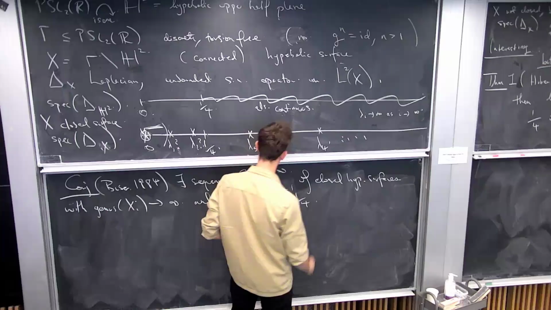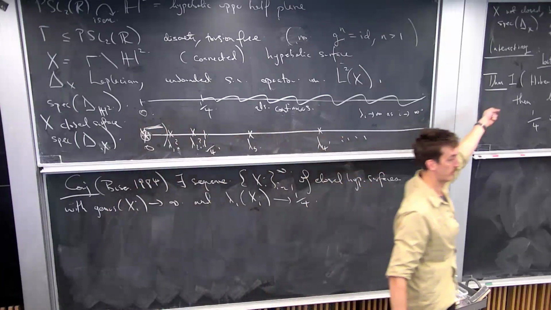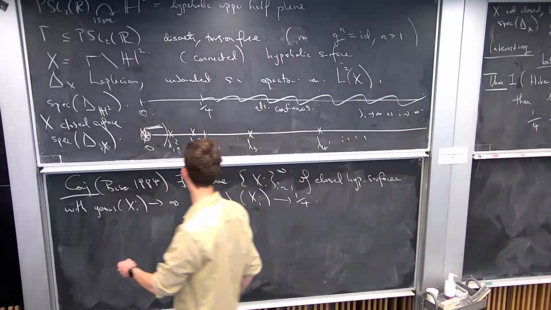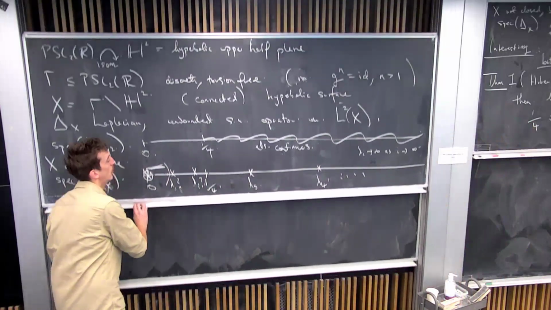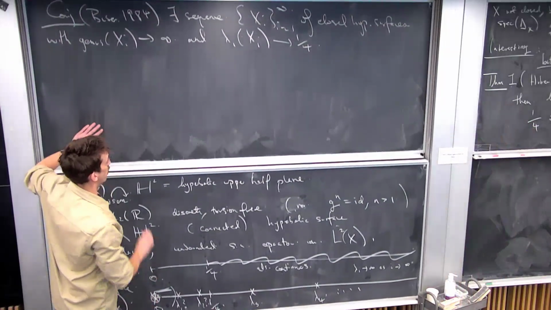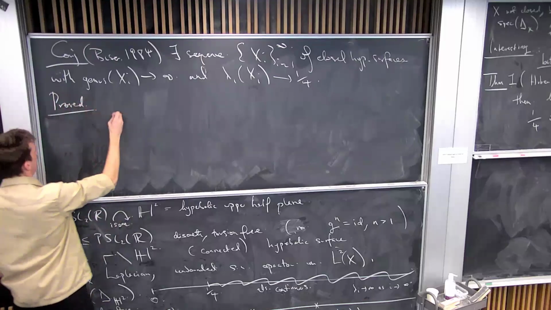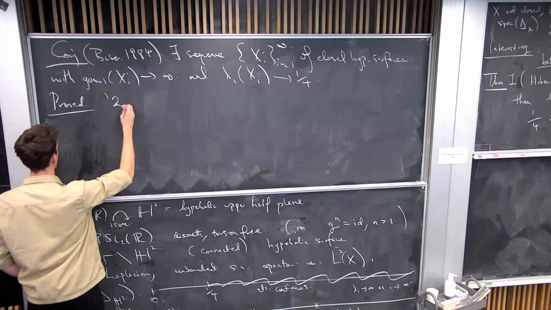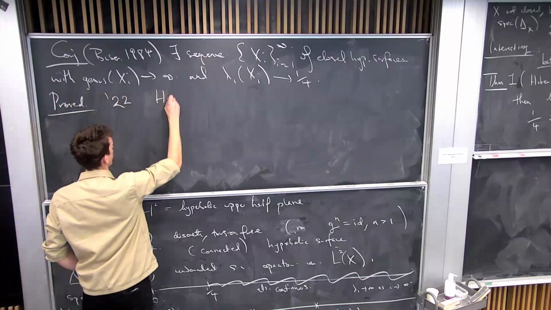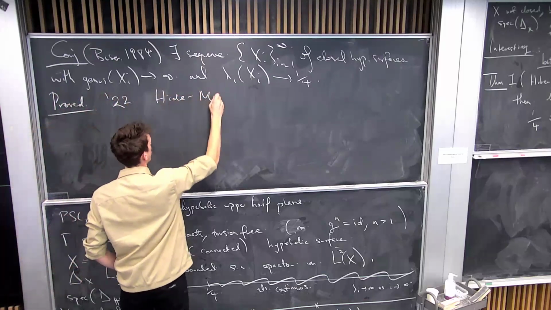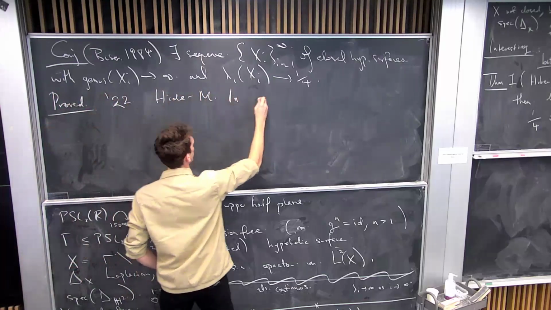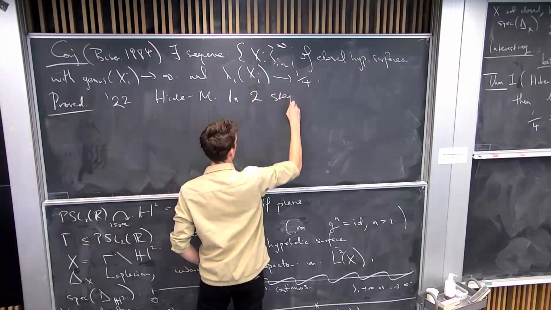The hard part of this is the liminf. The limsup comes from here. And we now know this is true. It's proved in 2023, by Hide and myself, in 2 steps. So I'll tell you about them.